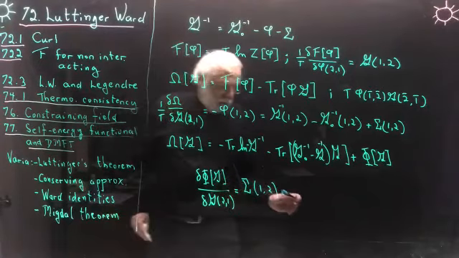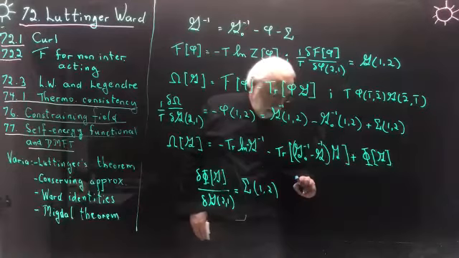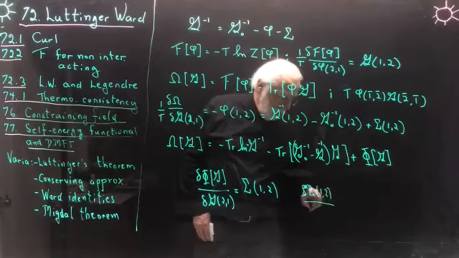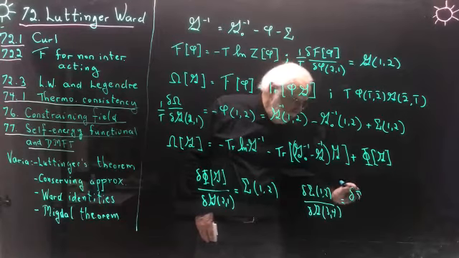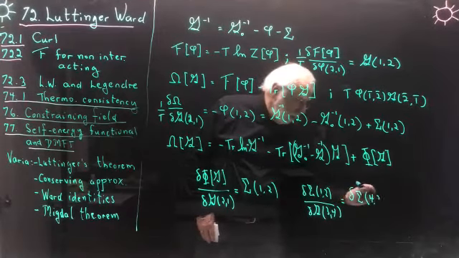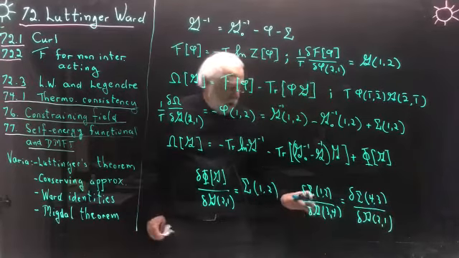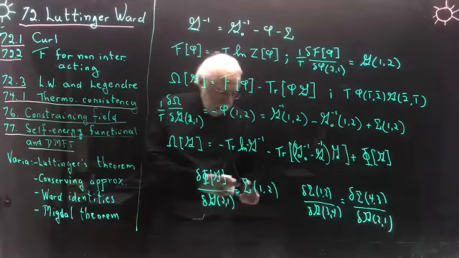I need to show that delta sigma 1, 2 over delta G 3, 4 is equal to delta sigma 4, 3 over delta G 2, 1. In other words, if you take the functional derivative of this with respect to G 2 1, it is equal to this.